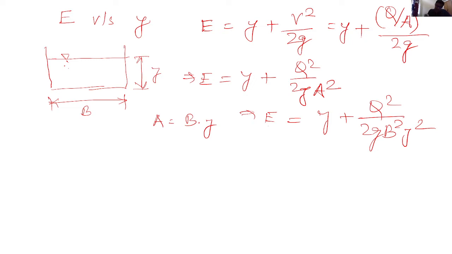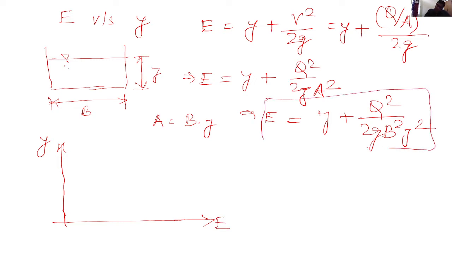Now making the specific energy curve, which I told was between y and E. So this is the basic formulation we want to plot for this specific energy curve. We know that there are two entities.